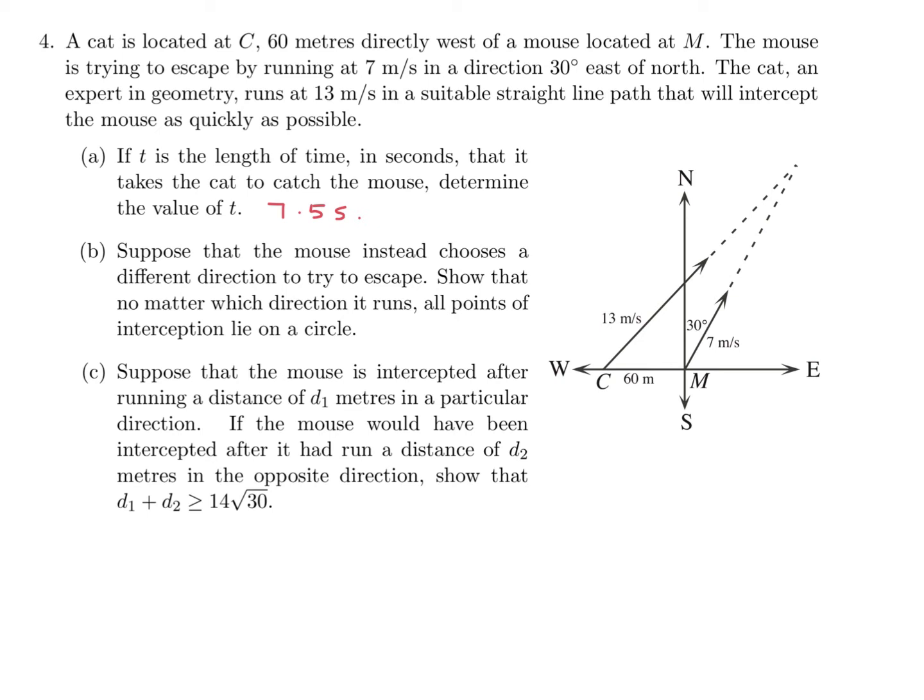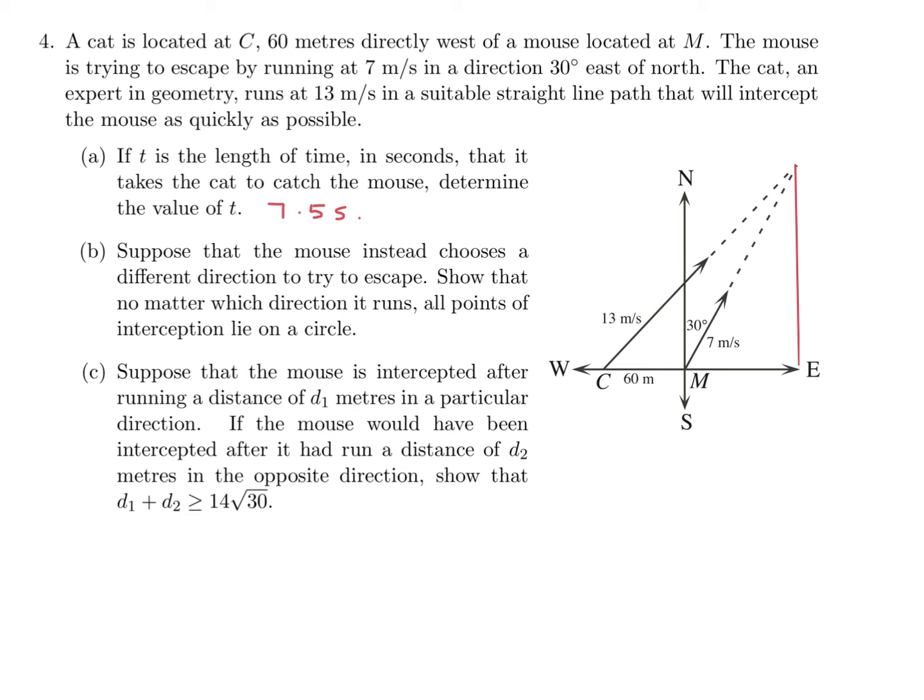What I'm going to do is draw a little line perpendicular to the x-axis, and I think that should be all I need for now. They told me that this is 30, but in this part B they're saying that we are not using 30 anymore, no matter which direction.